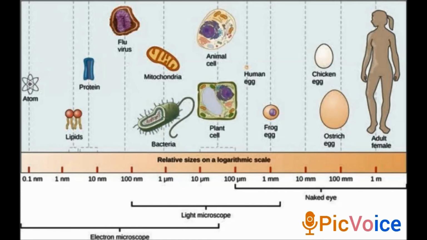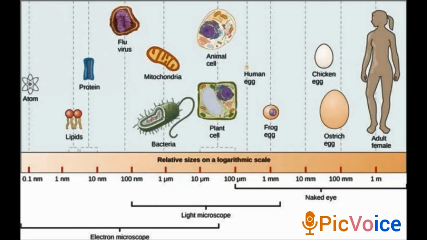The size of the smallest cell is 0.1 to 0.5 micrometer. Write it down: the size of the smallest cell, in bacteria, is 0.1 to 0.5 micrometer.